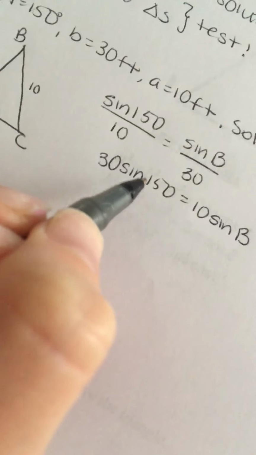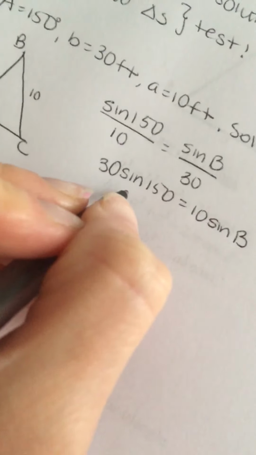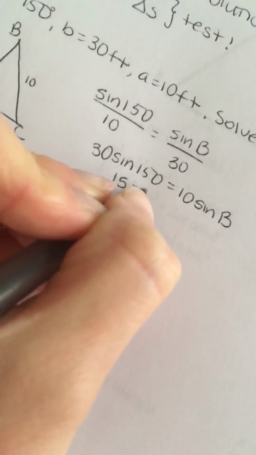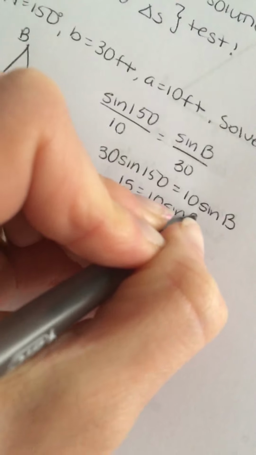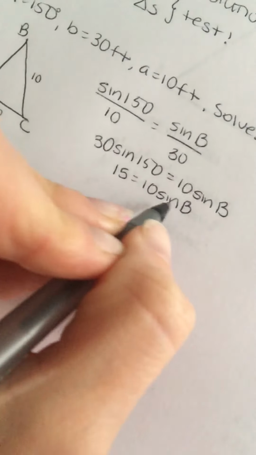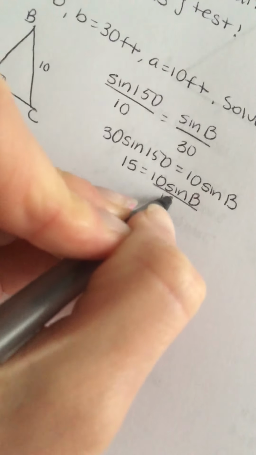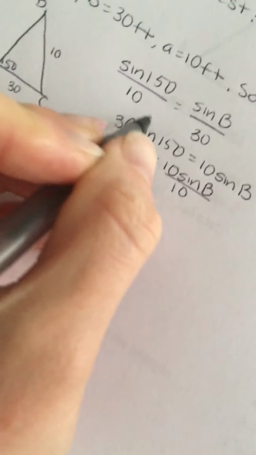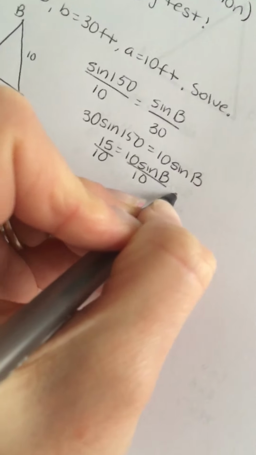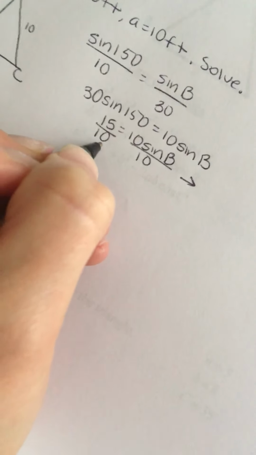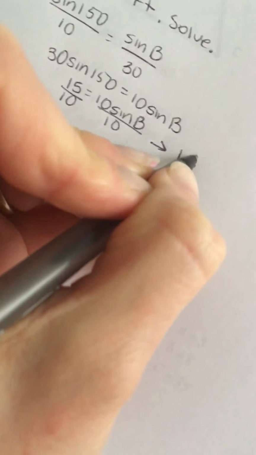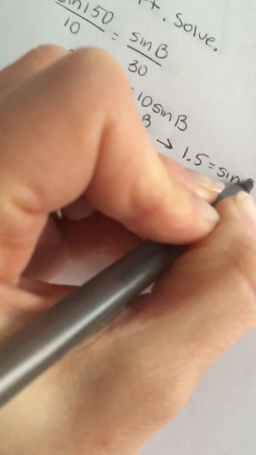Sine of 150 is 1/2, so 30 times 1/2 is really just 15. So I get 15 is equal to 10 sine of B, and I can divide both sides by 10. This just happened to be a unit circle angle. So 15 over 10, if I divide everything by 5, I get 3/2. I get 1.5 is equal to sine B.